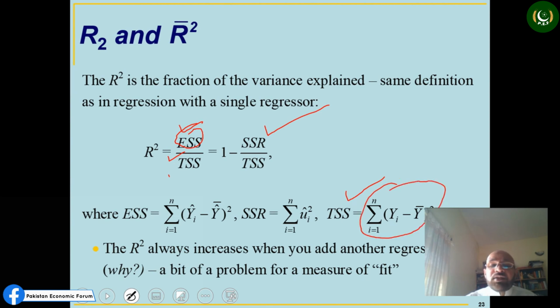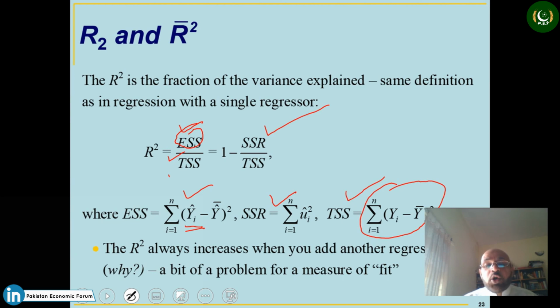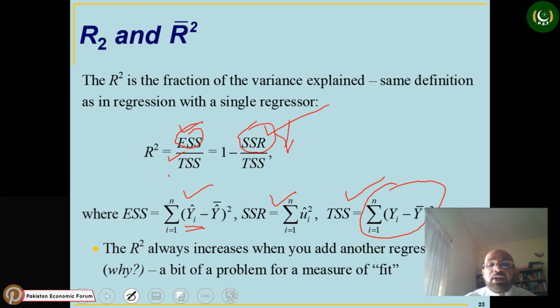This will remain fixed, but when you have more and more variables in y hat, this will increase, this will decrease. So whether that increase or decrease is significant, whether that variable is really relevant or not, R square will definitely increase, because the sum of squares of residuals will go down as the number of predictors goes up.